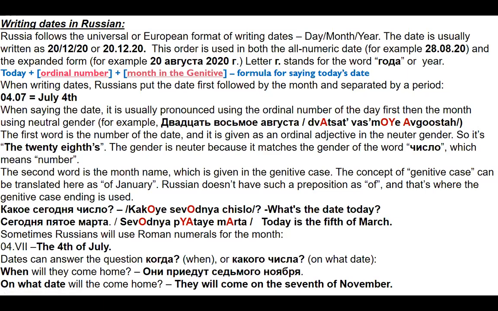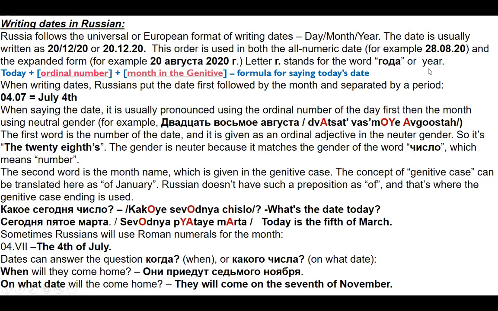This order is used both in the all-numeric date and in the expanded form, for example, 20th of August 2020. In Russian, it is 20 августа 2020 года, and the small letter г stands for the word года, or in English, year.